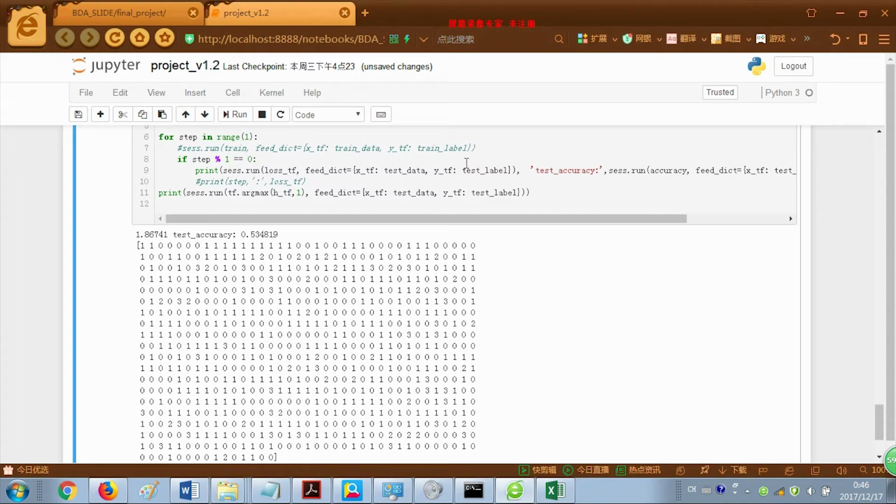To give you an intuitive impression, the bigger the label of the stock, the better that stock will be.